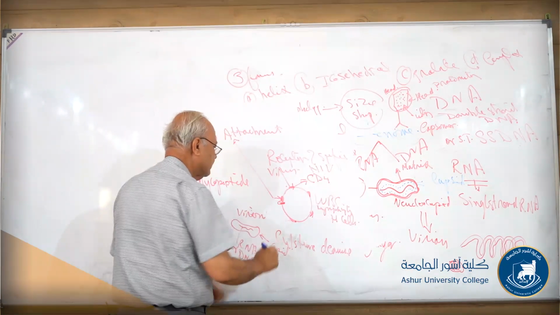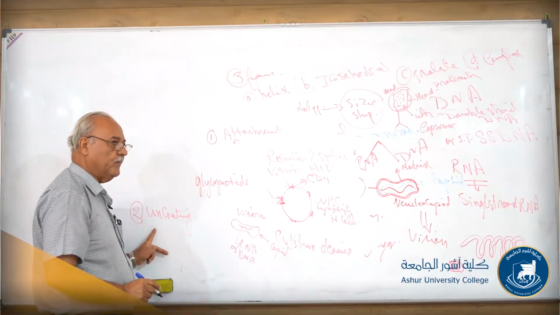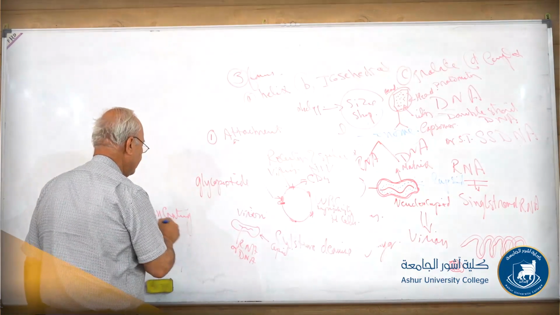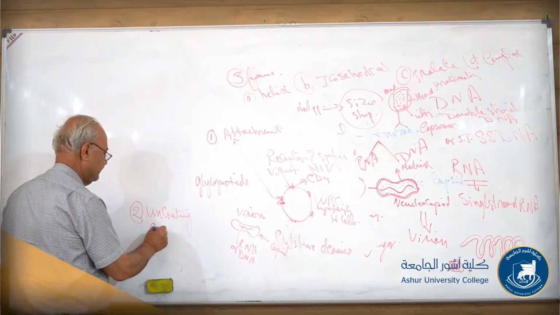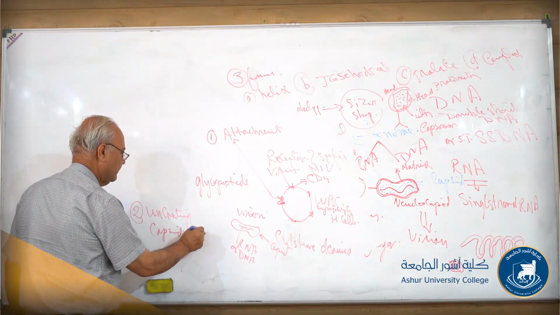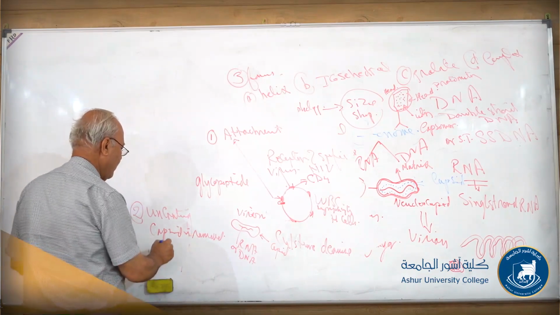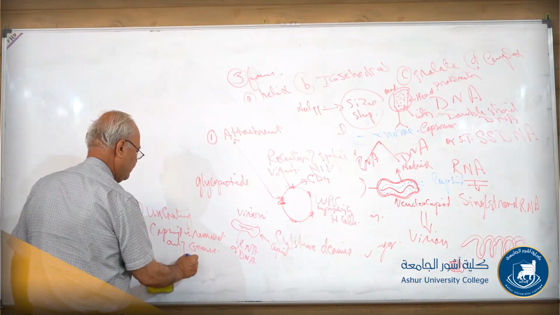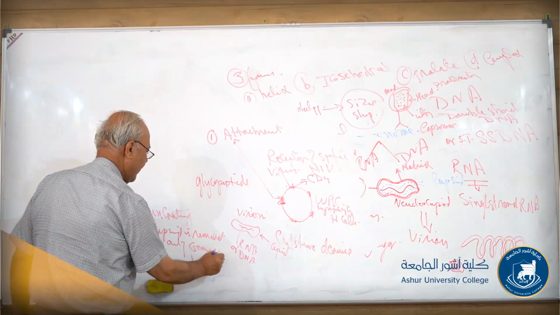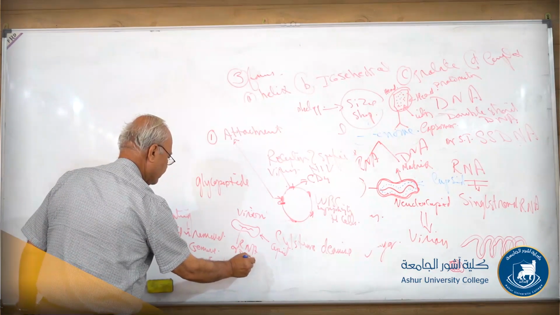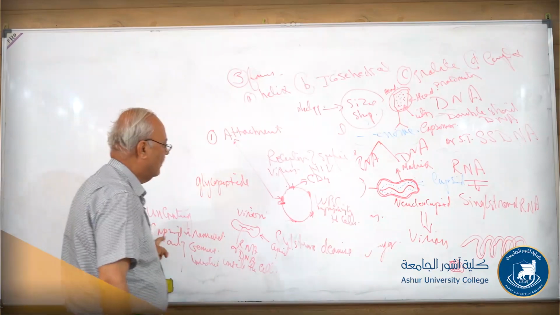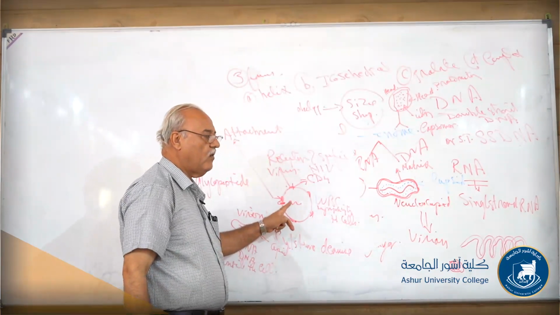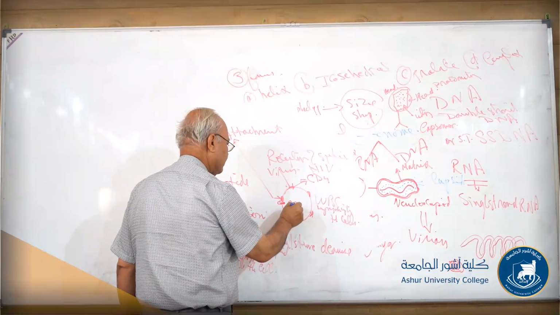During this, it starts with uncoating, meaning the capsid is disintegrated and removed. Only the genome is introduced inside the cell. Now it is present in the cytoplasm.